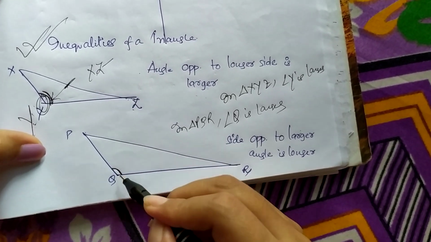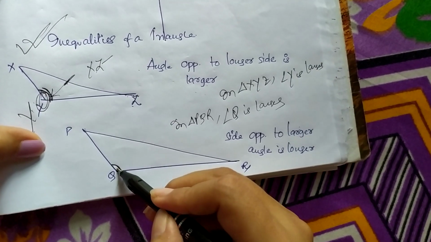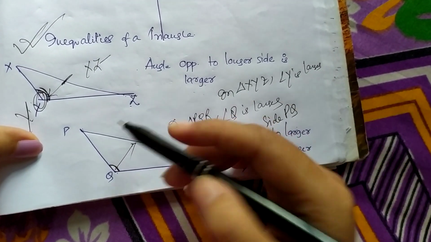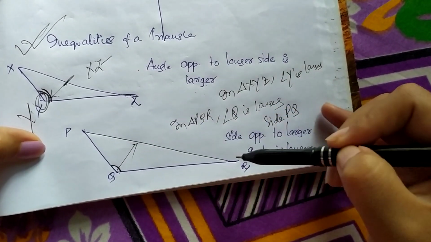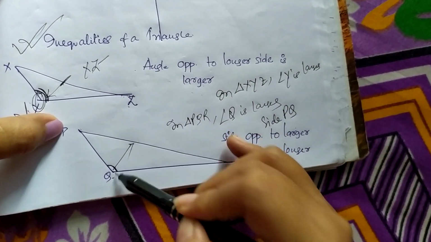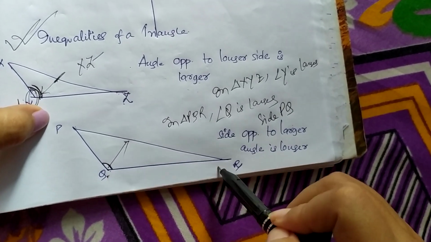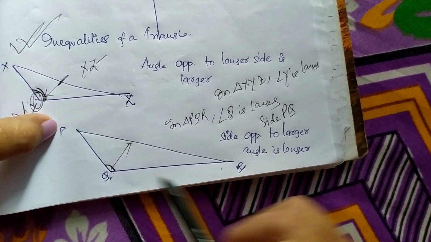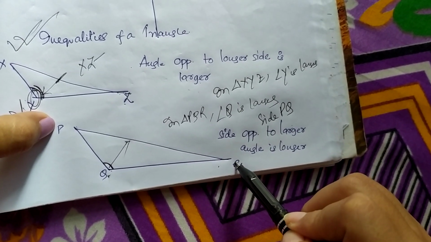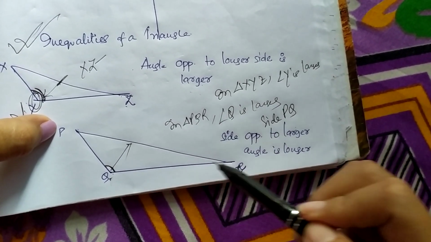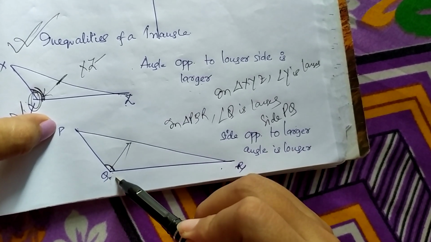What is the opposite side of this angle? Obviously this side will be side PR. Here my larger angle is angle Q, and the side opposite to angle Q is side PR. So side PR will be your longer side in triangle PQR, as it is opposite to the larger angle, isn't it?